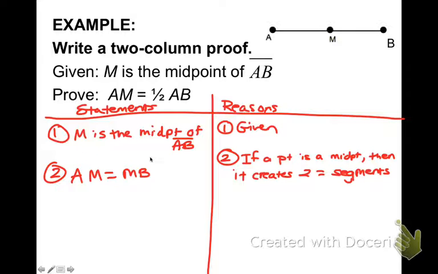So now we've got an AM. Notice I have an AM here. But what else is in my proof? An AB. Do I have an AB here? Not really. That's just talking about the segment. How am I going to introduce AB?